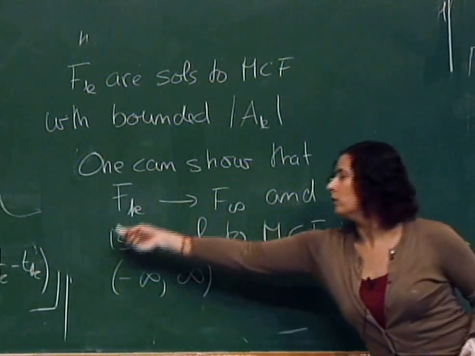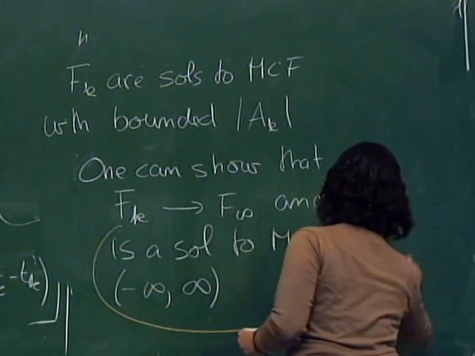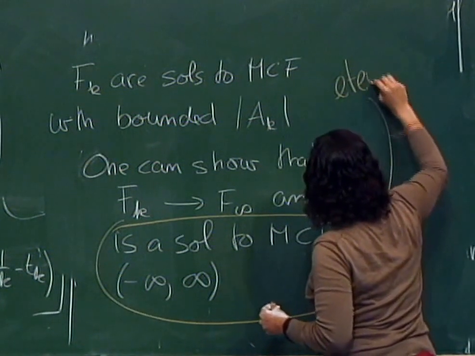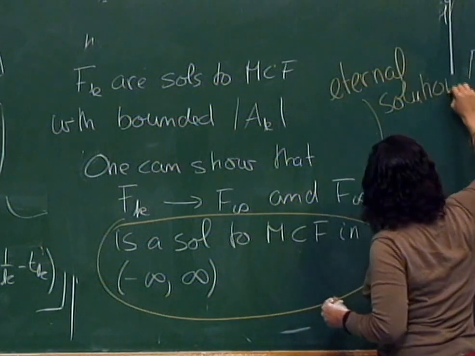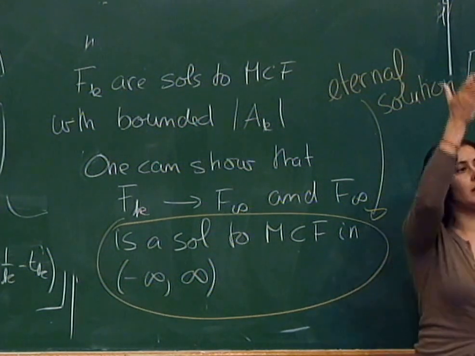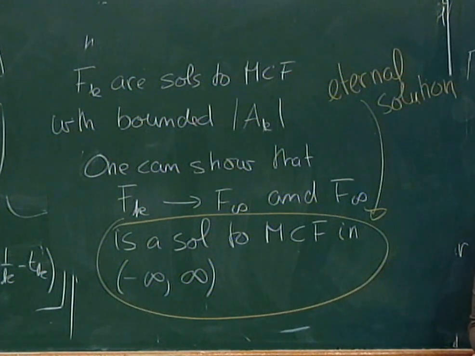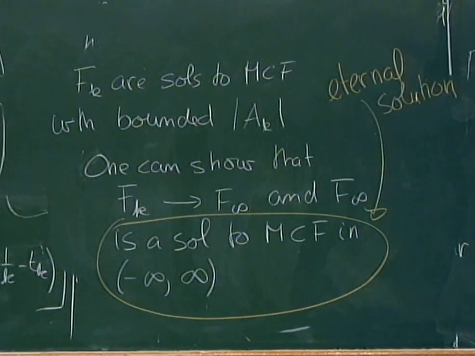This type of solution is called an eternal solution. In the first day, I showed you an example of an eternal solution, the translating soliton, the Grim Reaper, and that's the only one for curves, actually. The Grim Reaper is the only embedded eternal solution for curves.